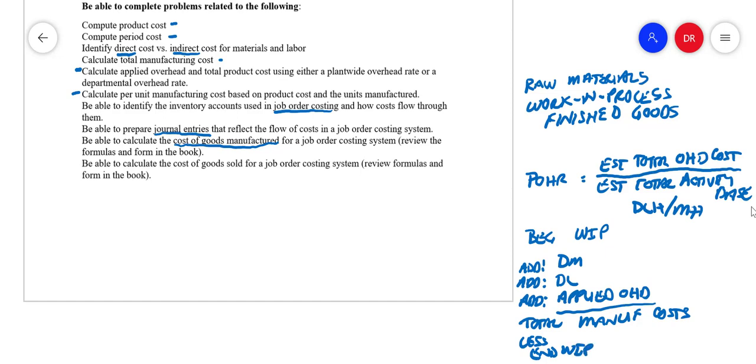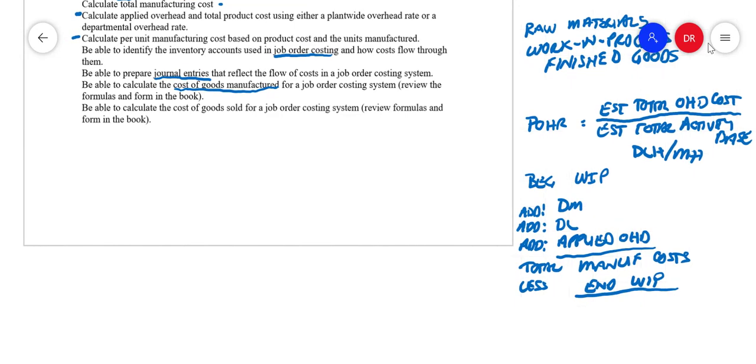And that will give us, then, I should have put this over here. Hang on. This should be right here, ending work in process. So when we subtract that out, then we have underneath here, the final total will be cost of goods manufactured. So this is a good thing to put on your note card as well.